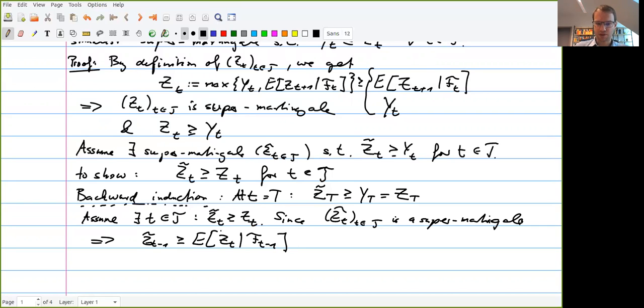And now at time t, we have by assumption already the right inequality. So we can estimate this from below by the conditional expectation of z, instead of z tilde, conditioned on the filtration at time t minus 1.